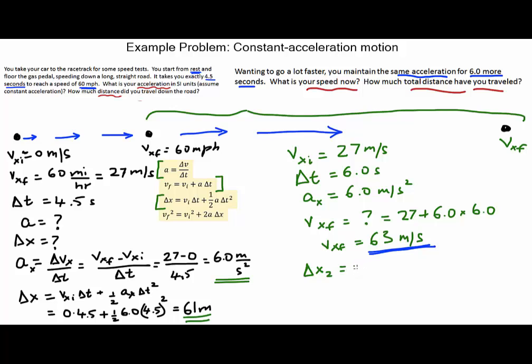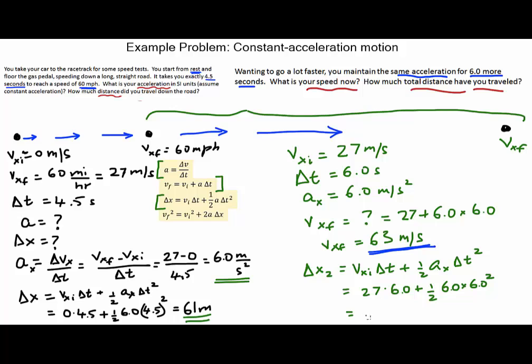So for this one, I've got Vxi times delta t, back to this third equation, plus 1/2 ax times delta t squared. And this will give me 27 for my initial velocity of this segment times 6.0 plus 1/2 6 for acceleration times 6 squared for time squared.